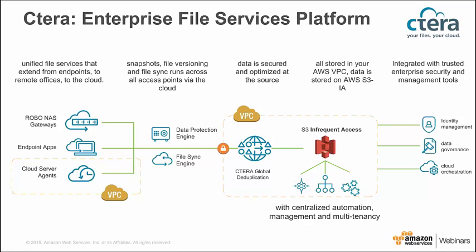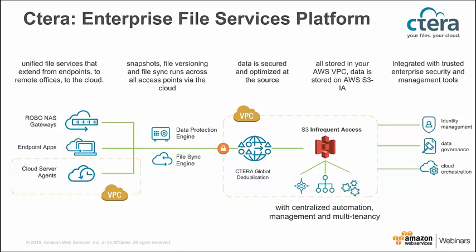And then another one I'd like to highlight is Ctera with their enterprise file services platform. It's a unique combination of backup software and backup infrastructure, all managed from a single pane of glass. It includes a cost-effective NAS device that you can deploy in remote offices with the ability to protect endpoint applications and devices both on-prem and running on our compute service, EC2.